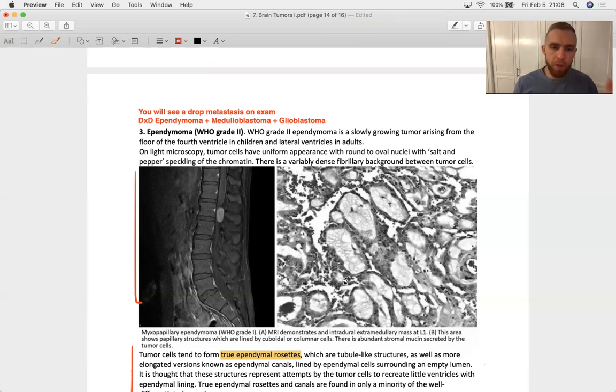Furthermore, both of them have the tendency to drop straight down the central canal of the spinal cord, into the cervical or thoracic or lumbar spine in a process that's known as drop metastasis. So both the ependymoma and the medulloblastoma can do this.